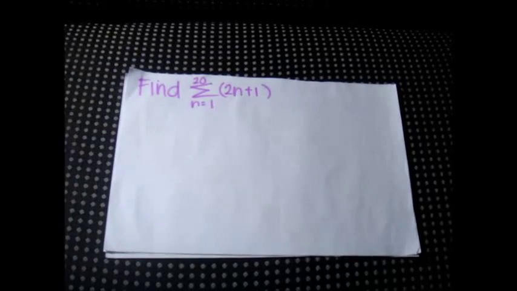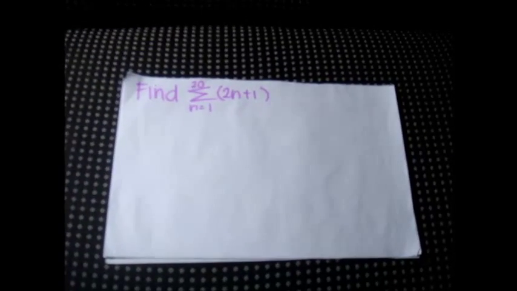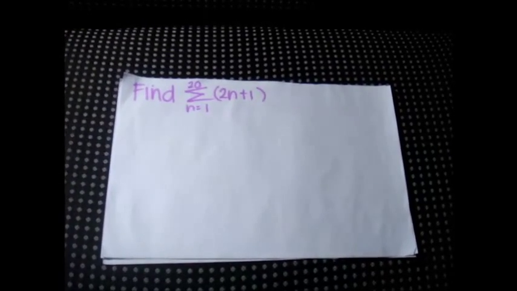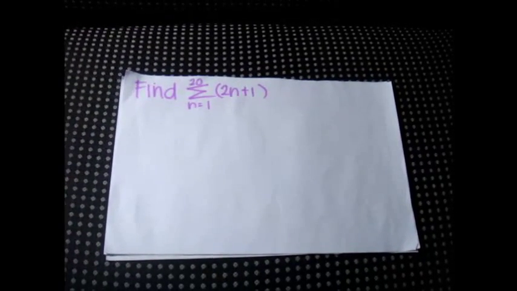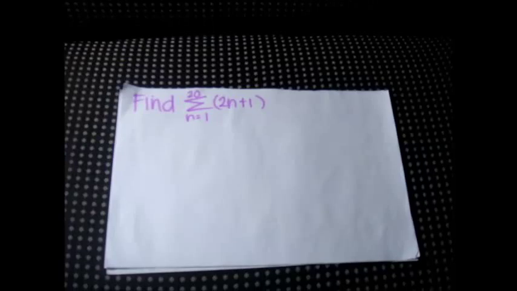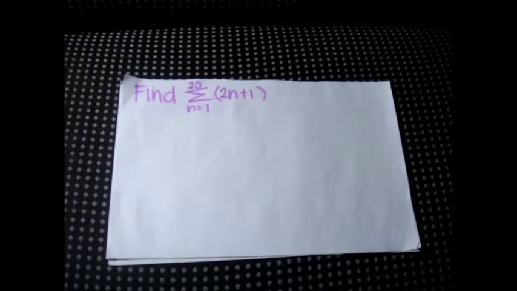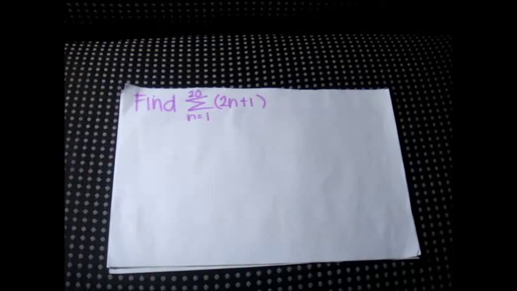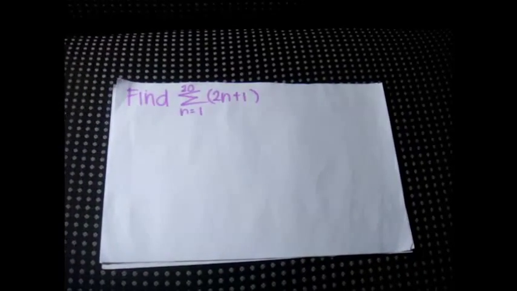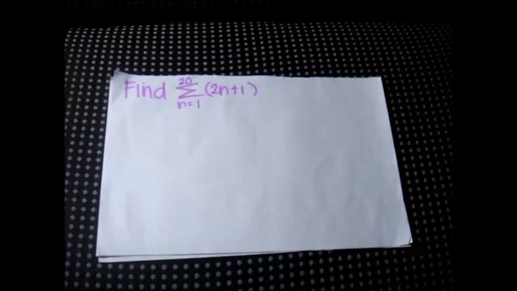Find the summation of 2n plus 1 where n is equal to 1 up to 20. To get the answer, we must use again the formula S sub n is equal to n multiplied to a sub 1 plus a sub n all over 2.